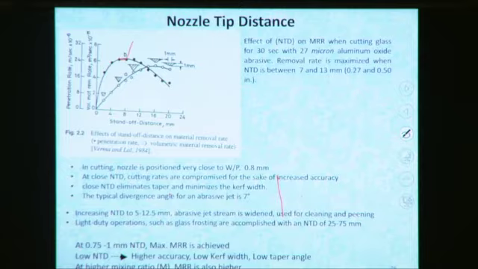So what is glass frosting? Glass frosting means when the abrasive jet impacts the glass material, although it is a transparent material, the jet will remove the surface and generate surface fractures on the workpiece surface, and the glass surface will become opaque.